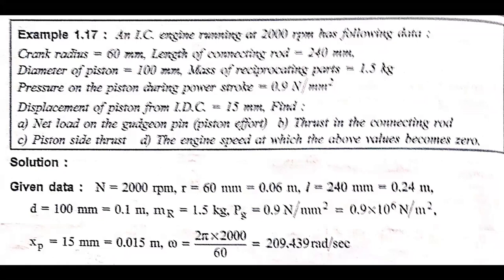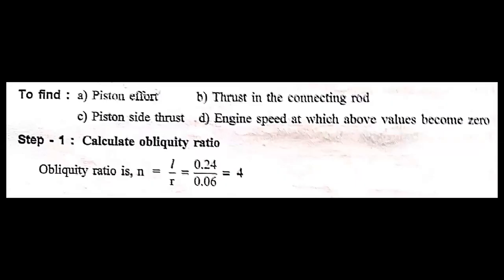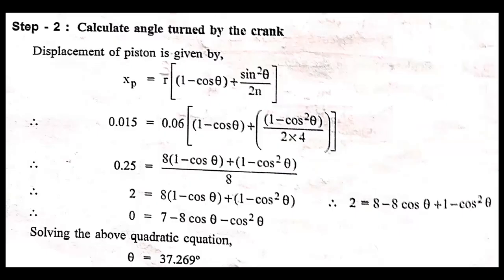Omega is equal to 2 pi n by 60. So we get omega equal to 209.439 radian per second. So we have to calculate the piston effort, then thrust in the connecting rod, piston side thrust, and engine speed at which above values become 0. First we have to calculate the obliquity ratio, n is equal to L by R. So we get 0.24 divided by 0.06, which is equal to 4.